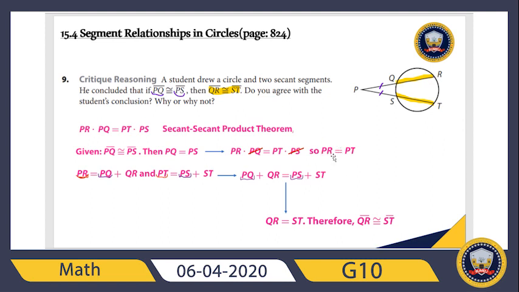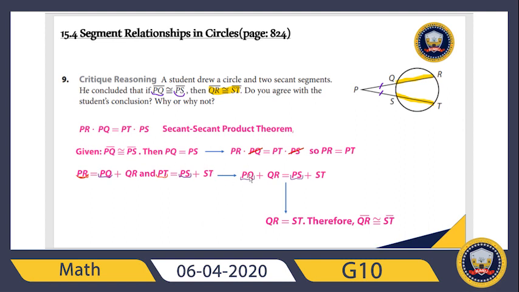Now remember, I want to prove that QR is equal to ST. Now I know that PR is equal to PQ plus QR, and PT is equal to PS plus ST. Now, if I subtract these two equations, I have PR equal to PT, which I've shown here, and PQ equal to PS, which is given by the student.